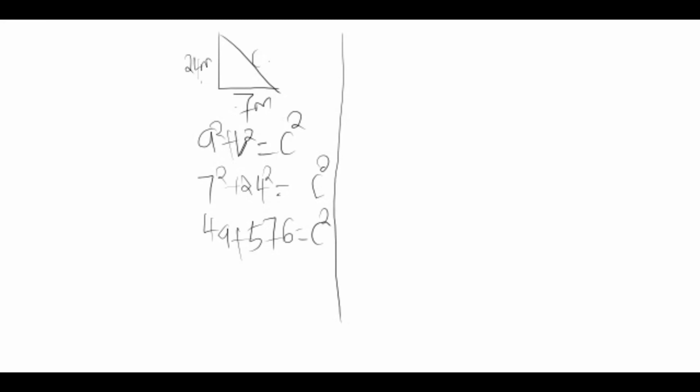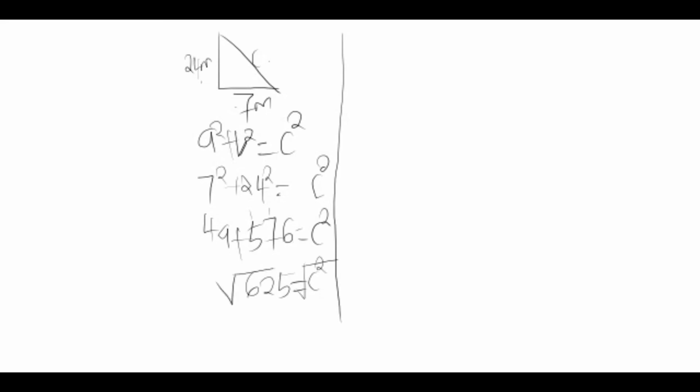So 49 plus 576, sorry. So 9 plus 6 is 15, we carry 1. 7 plus 4 is 11, plus 1 is 12, then we carry 1. So 5 plus 1 is 6. So we have 625 equals c squared. To remain with c, we are going to find the square root of both sides.